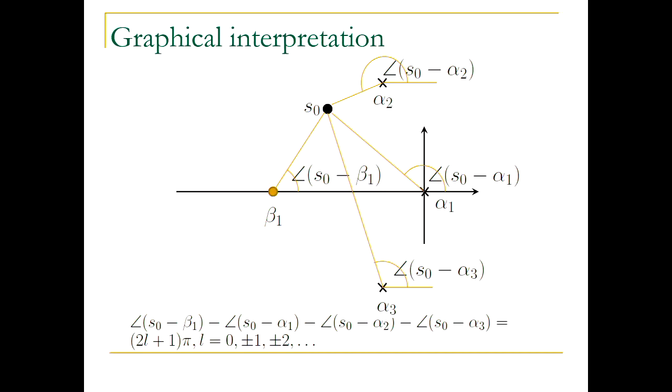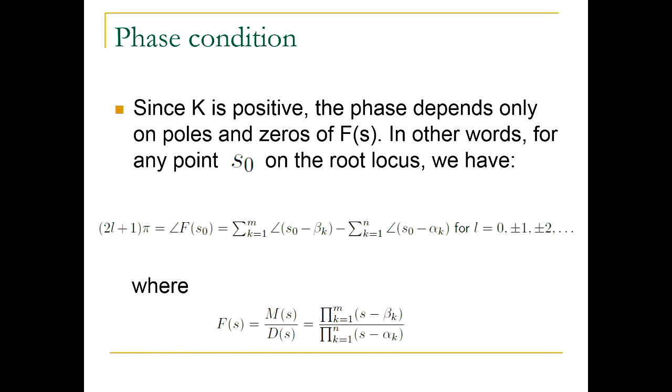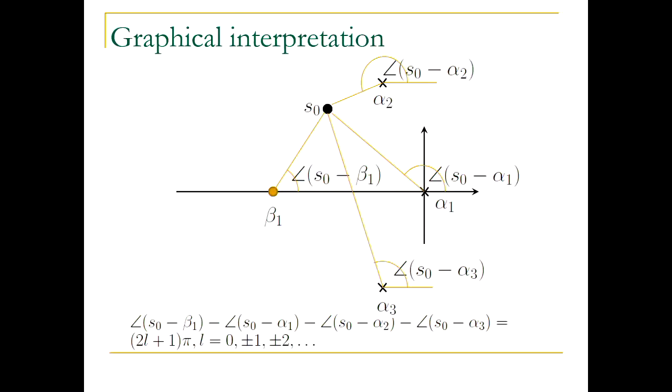But I know that the poles and zeros of the transfer function f are known to me. I know f, so I can plot what the poles of f are, which are alpha k, and what the zeros of f are, which are beta k. I represent poles by crosses and zeros by circles. So I plotted the poles in this example here and 1 zero here.